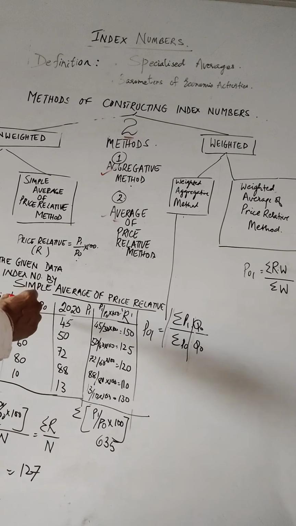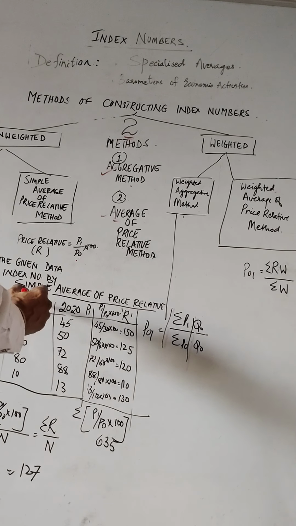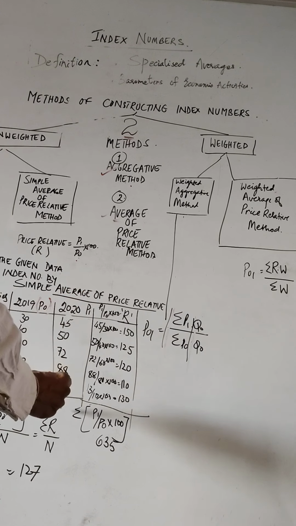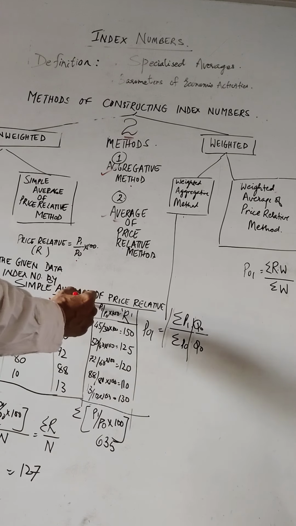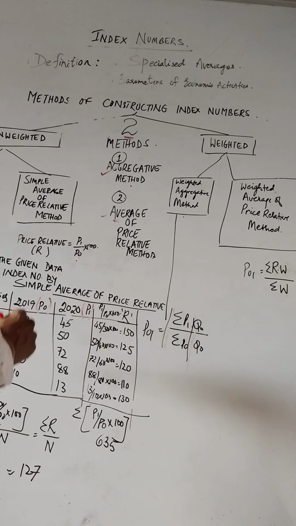Alright, so these are the commodities A, B, C, D, E, and the 2019 prices are given, and we're going to treat them as the base year price, P0. For 2020, these are the prices given of commodities A, B, C, D, E, and we can put them as P1, that is the price of the current year.